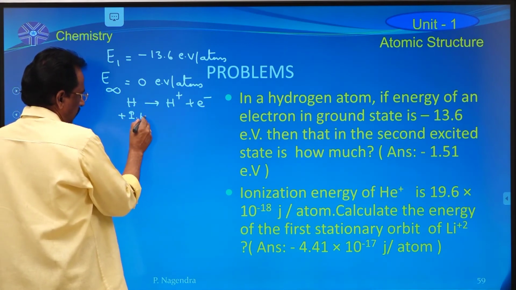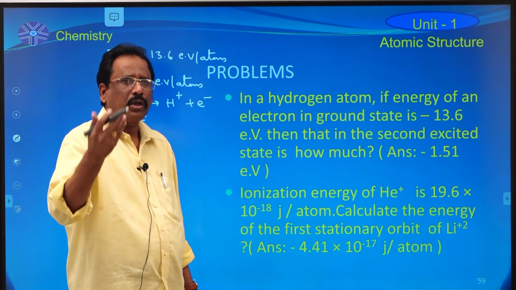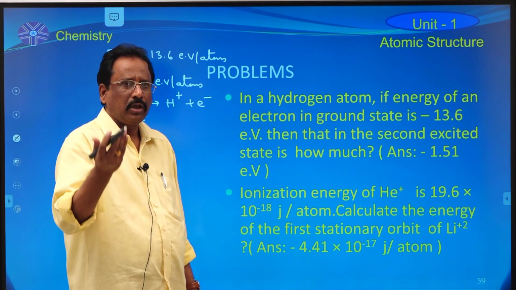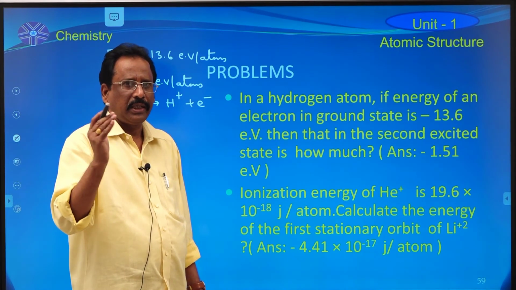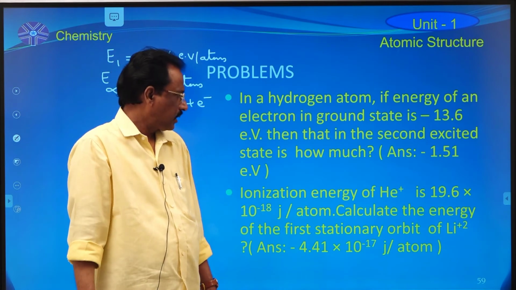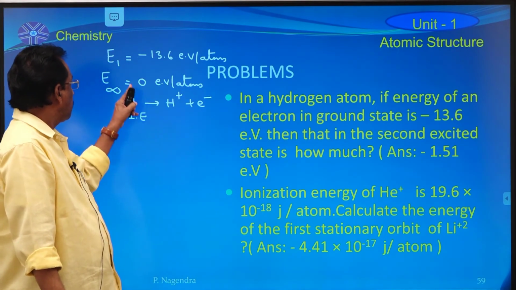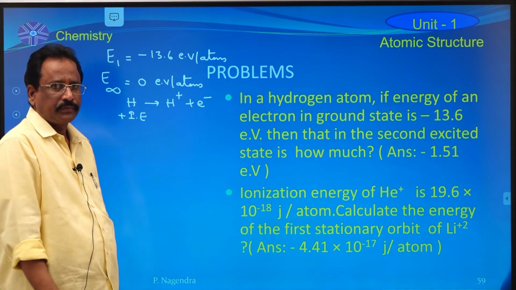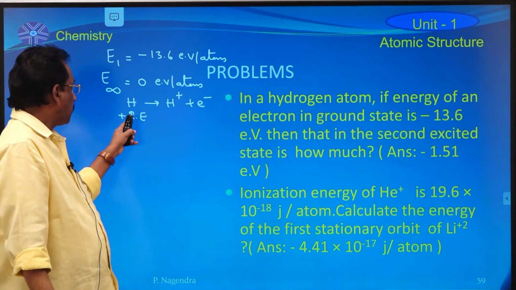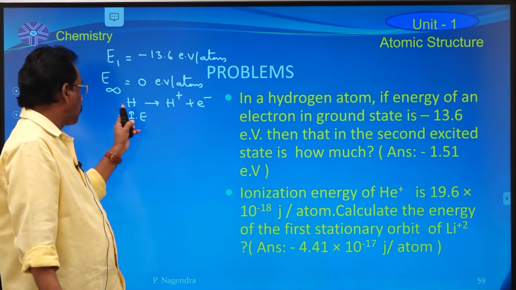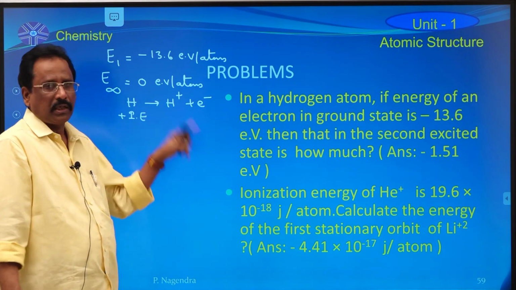Ionization energy is defined as the amount of energy required to remove the electron completely from the atom. It means in the hydrogen atom, the electron present in the first energy state, when it is in ground state, by absorbing 13.6 electron volts energy, is converted into H plus ion.